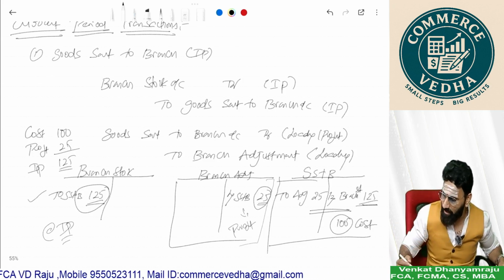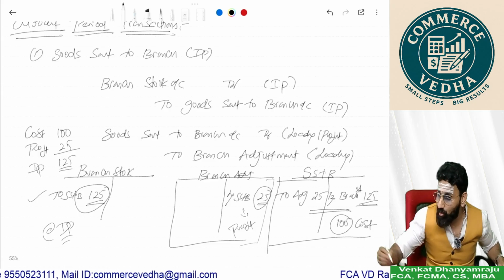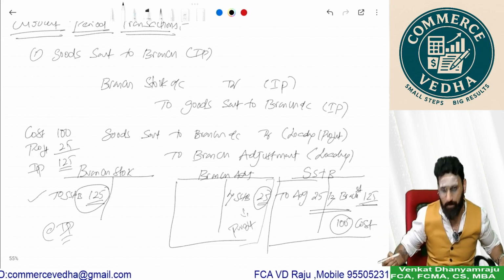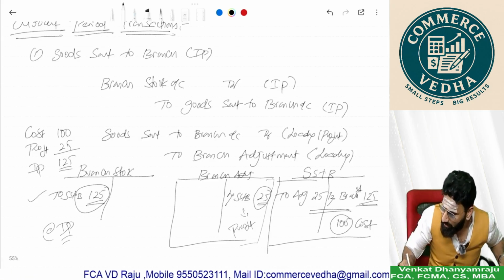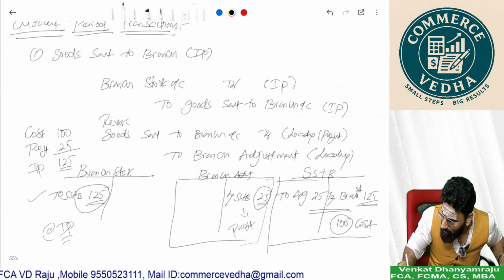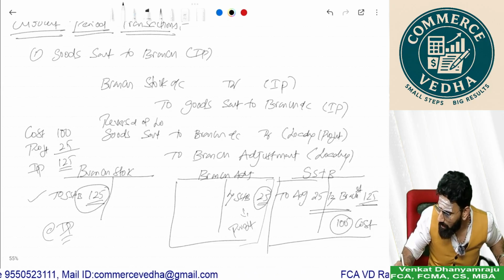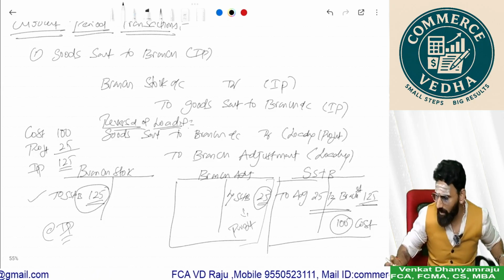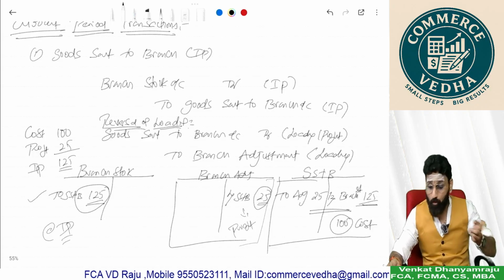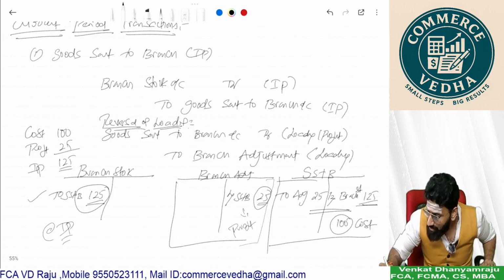So the first entry, branch stock to goods sent to branch at invoice price, and a reversal of loading immediately. I'll write here goods sent to branch to branch adjustment.